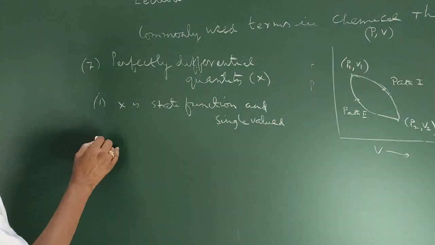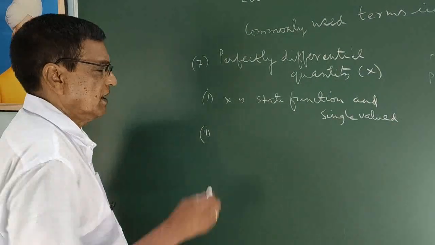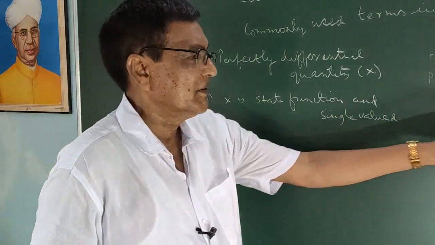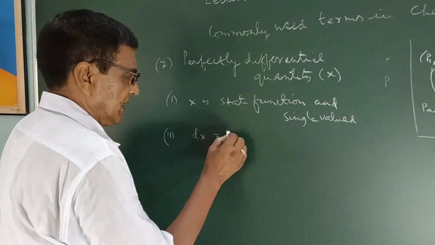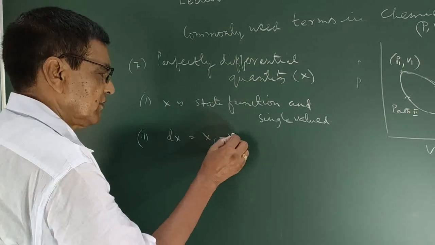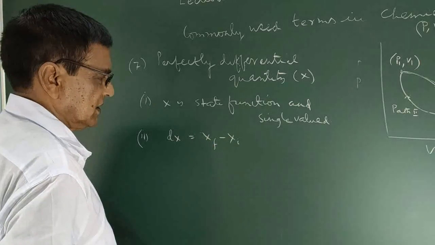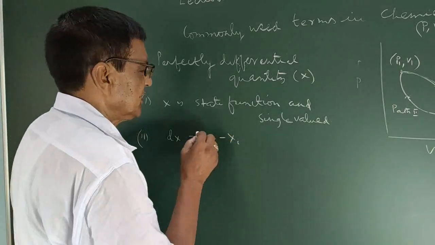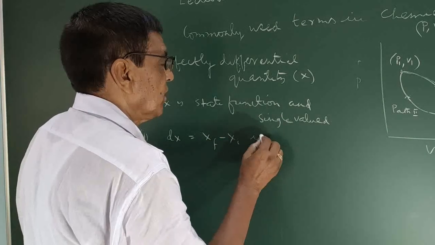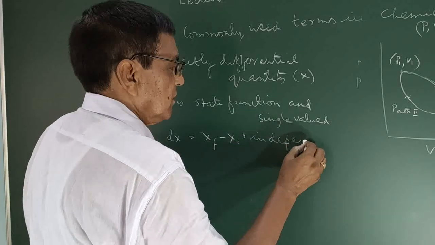And for the second criterion, dx means x of the final state minus the value of x in the initial state. These two are equal to a fixed value, means independent of the path.